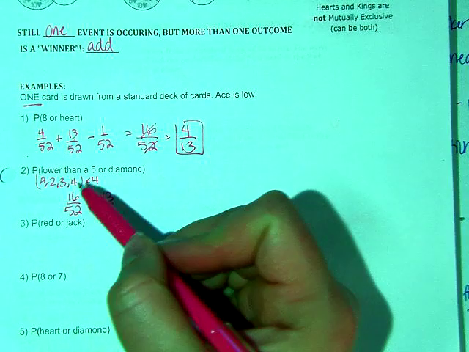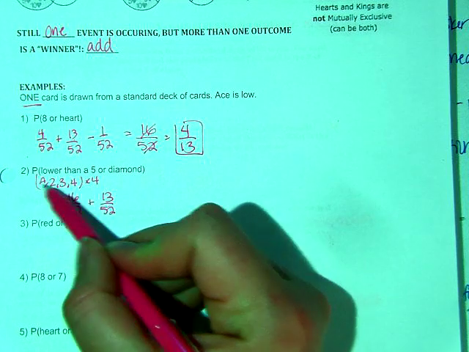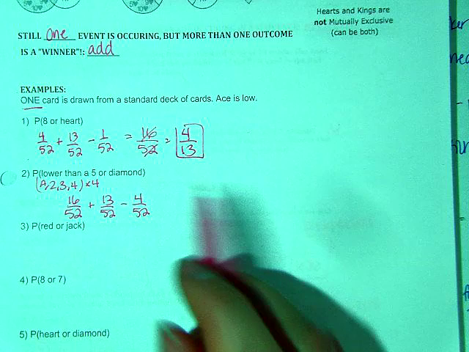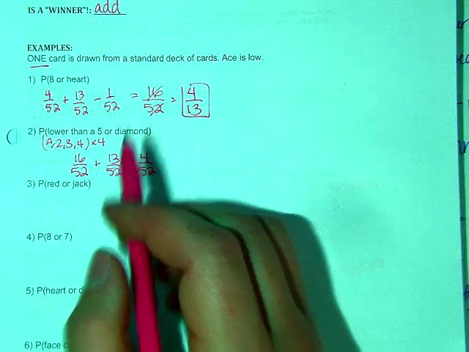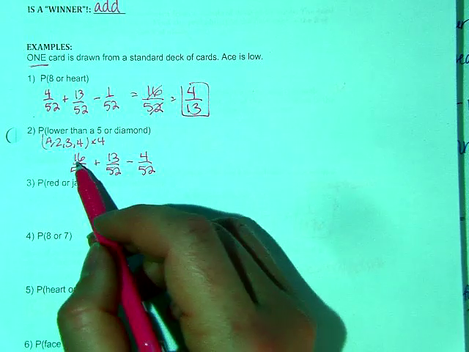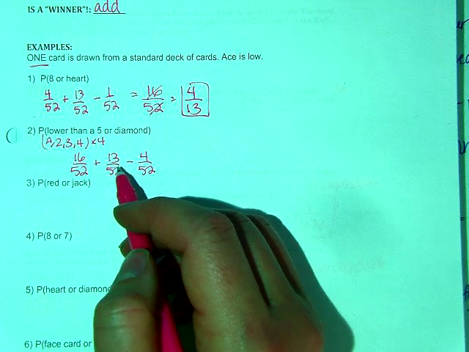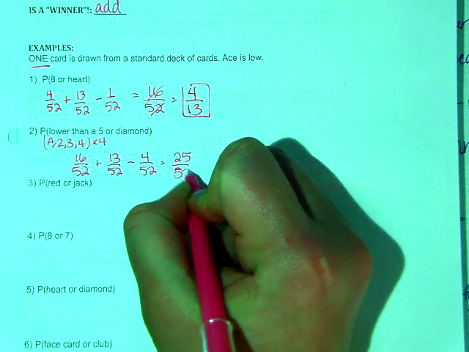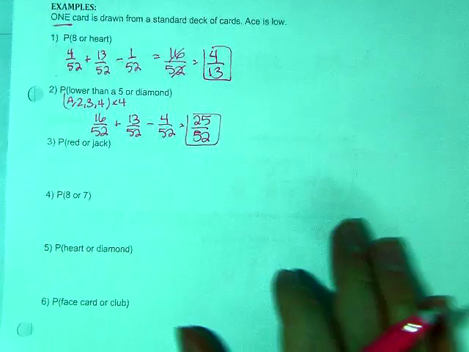Well, that would be 4 of them. So we're going to subtract 4 out of 52. And you could have just not added them in here, but we're just following the formula. 16 plus 13 is 29, minus 4 is 25 out of 52.